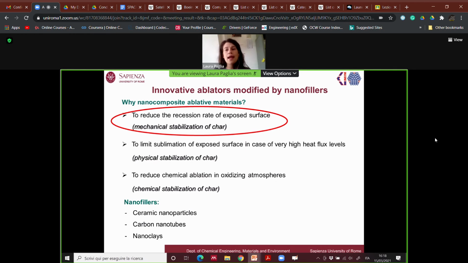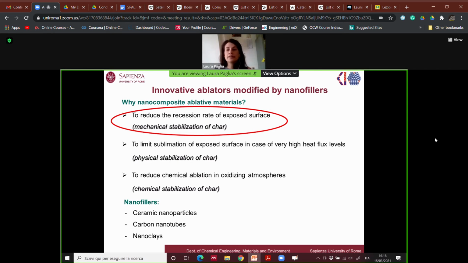Okay, and so, thanks to this behavior, we can have higher activation energy for ablative material with the introduction of nanofillers. Okay, so this could be very, very interesting.